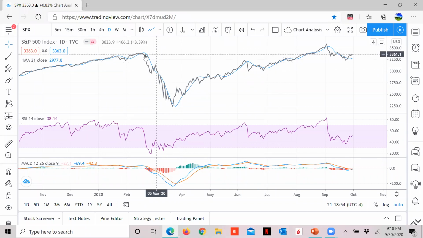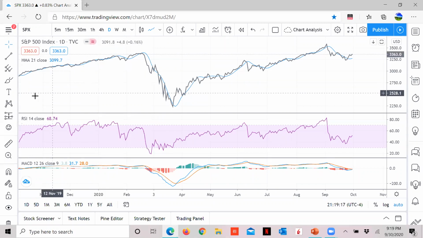So here, in March, we have this highest point of 3386.2, right? The lowest was around here, right? So that was 2237. So just basically the historical low or high point.